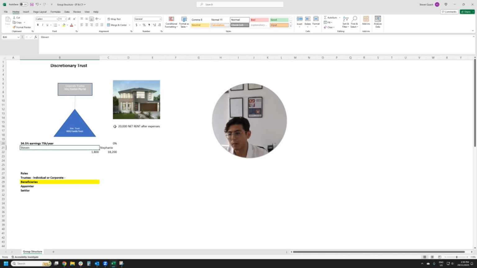So say for example, if this was reversed or we wanted to split it in half, we can do 10,000 and 10,000. Then the funds would be distributed to the beneficiaries. They will get assessed at their marginal tax rates and they ultimately keep the money, as that's for their benefit. But the ownership of the property itself is still with the corporate trustee as the legal owner.